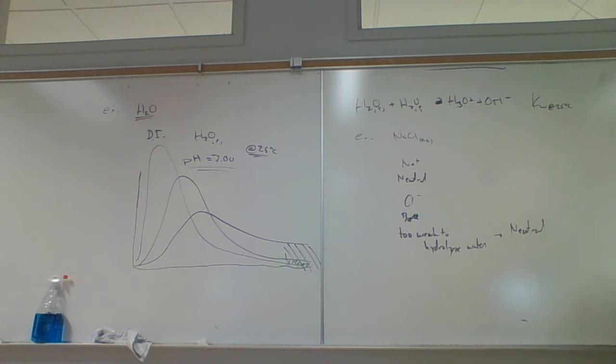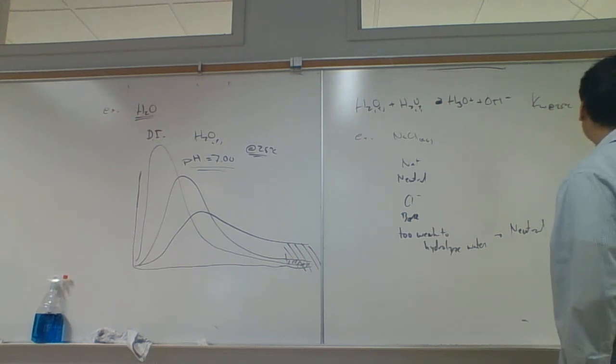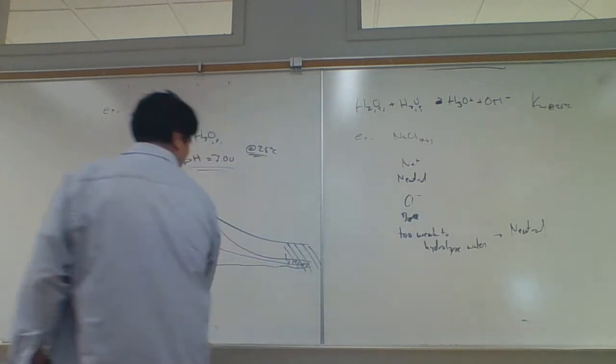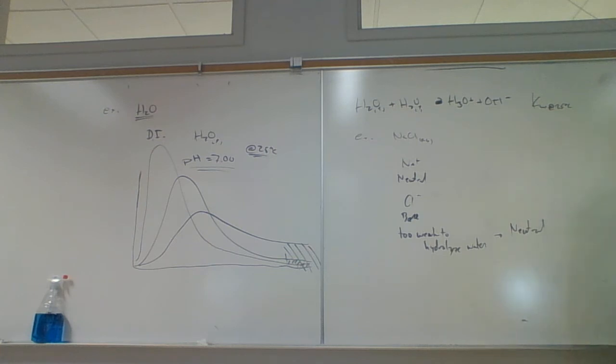If it accepts a proton, it would form HCl. You'd be done with that. And so the pH of sodium chloride should be 7.00. The sodium ions and the chloride ions don't contribute any additional hydronium or hydroxide to solution.